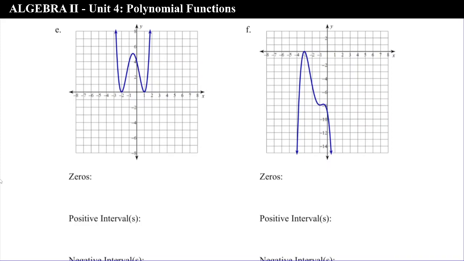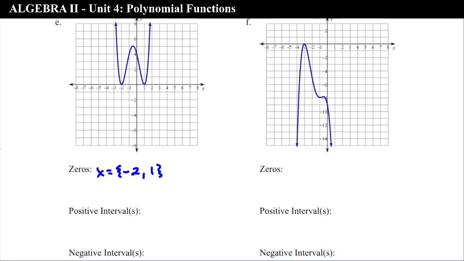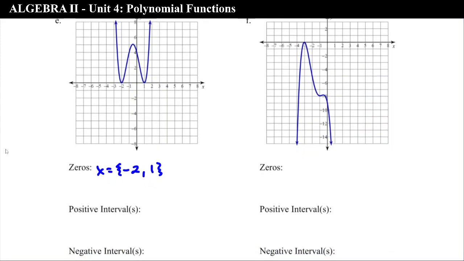All right, let's start off with E. We have two zeros in this one, -2 and 1. So that's x equals -2 and 1. All right, we are positive everywhere except at -2 and 1, because remember, at x equals -2, our y value is 0.